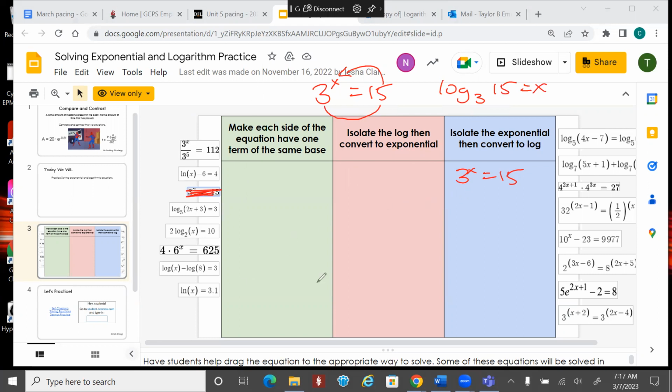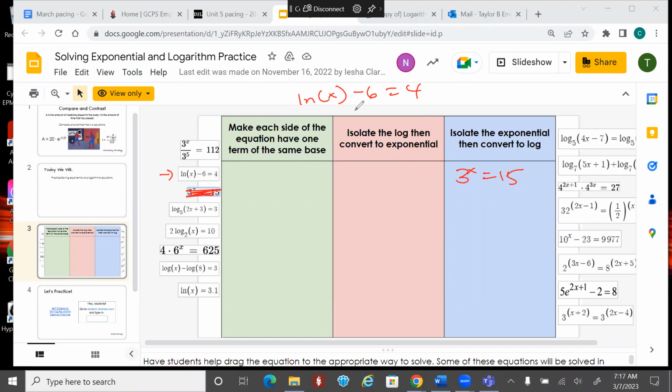Taking the next one that's down here. What about this one? That's ln of x minus 6 equals 4. What will we do first? If we were to solve for x, what will we do first?